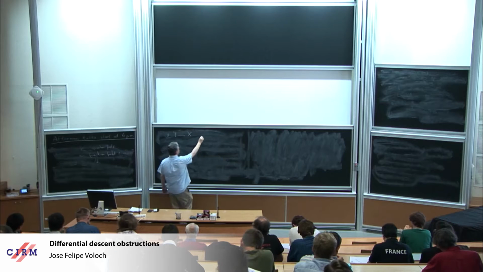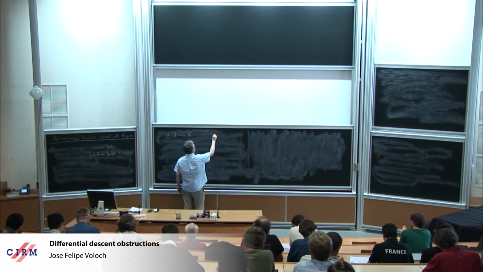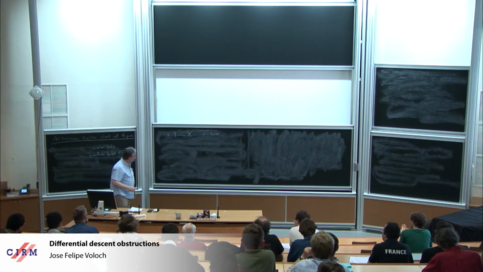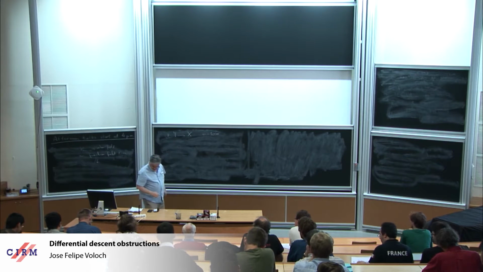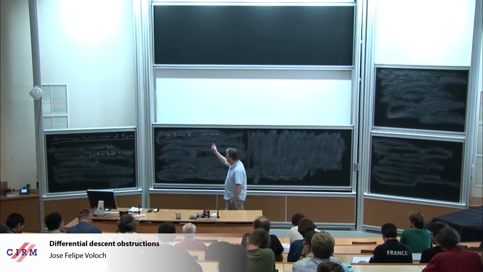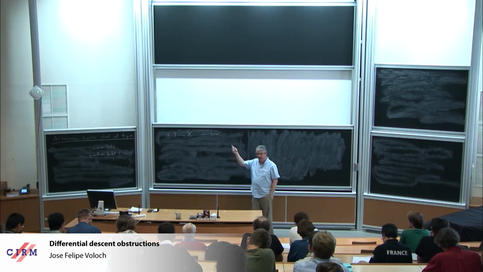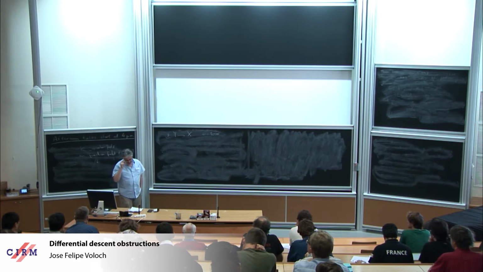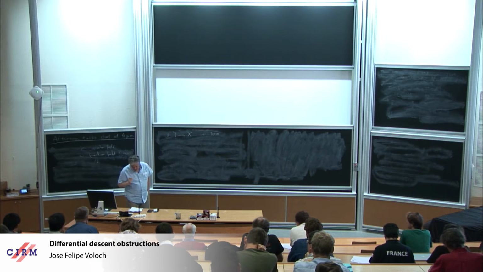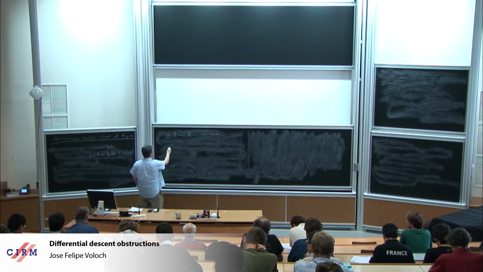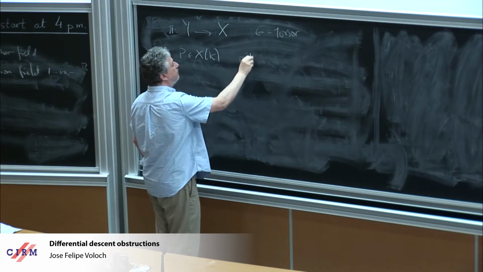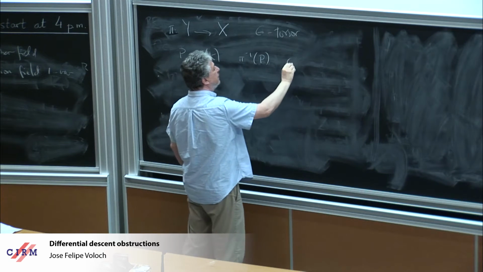So let's say this is a G torsor, for G some algebraic group. So the map is a torsor, so the fibers are G torsors. There's an action of G on each fiber. And so for each point P in X(k), the inverse image of P is a G torsor.